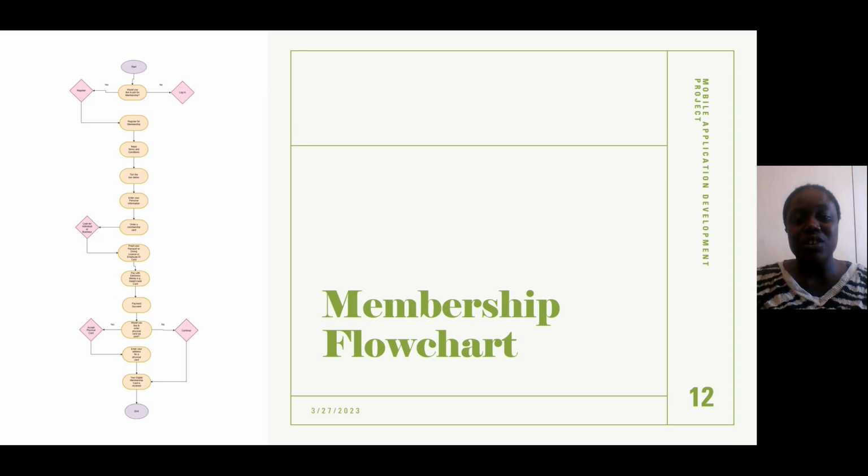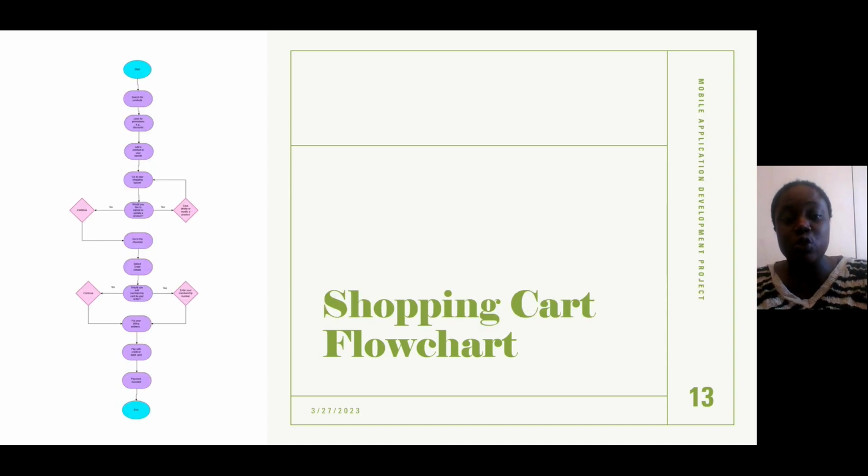As part of the design chapter, there are flowcharts. A membership flowchart instructs the user how to register for a membership at the ProfitOffers application. Another flowchart is called shopping cart, which instructs the user how to purchase products in the application.